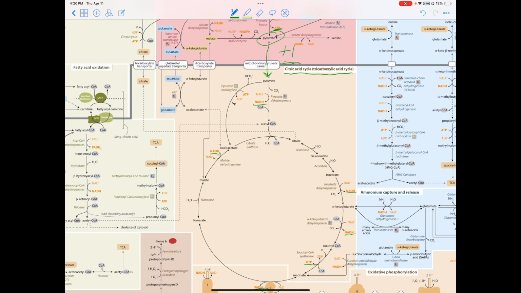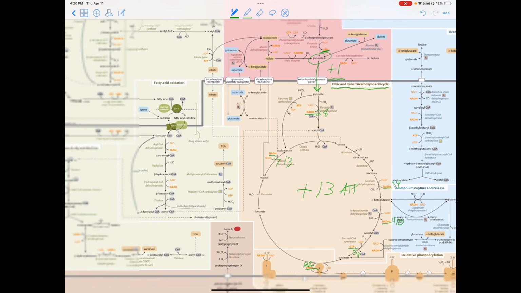Then, counting here, we have 2, 3, 4, 5, 6, 7. Then we go around a second time, 8, 9, 10, 11, 12, 13. So in this case we would have a positive 13 ATP.